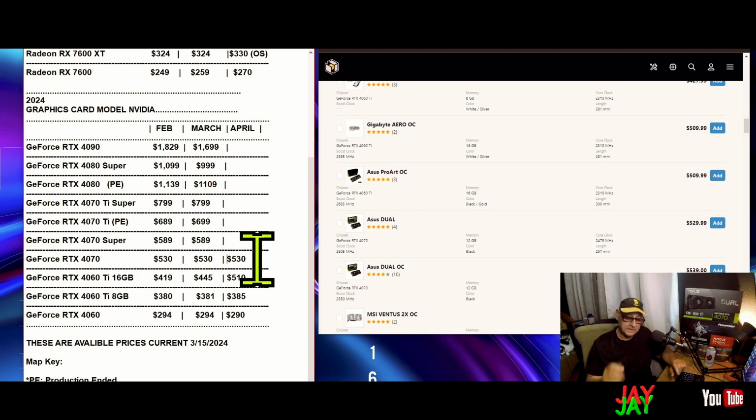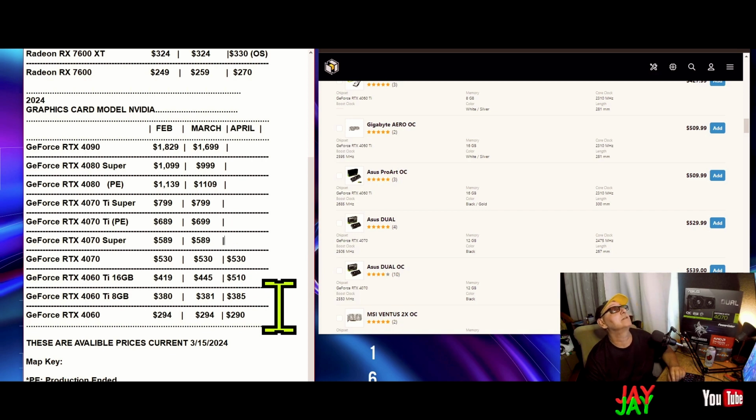So the value between the two is within 30-40 bucks. Either way you look at it, they're great cards. I'm not knocking them. I got both of them here. So, I'm not knocking it.